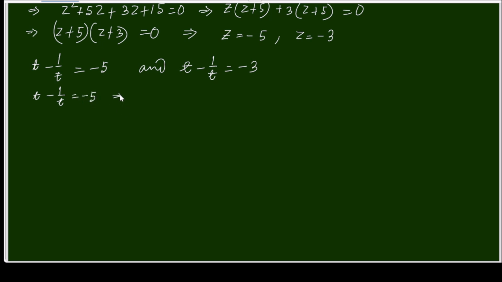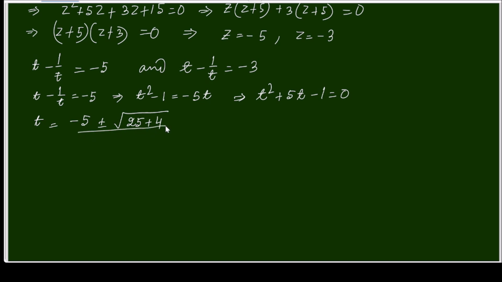This gives me t^2 - 1 = -5t, or t^2 + 5t - 1 = 0. So using the quadratic formula, t equals (-5 ± square root of (25 + 4)) over 2, that is, -5 ± square root 29 over 2.